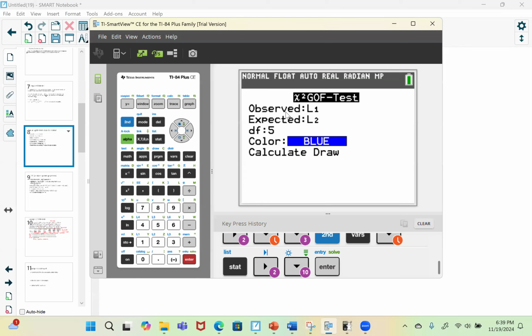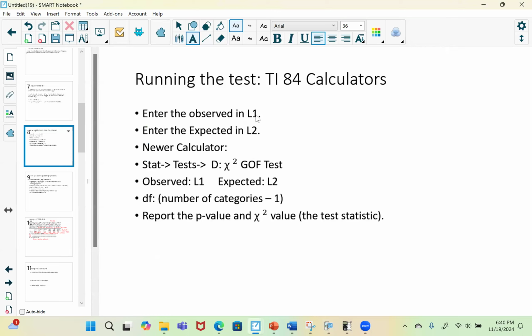Notice it says observed is L1, expected is L2, and then you have to put DF, which stands for degrees of freedom. So we entered our observed in L1, we enter our expected in L2, and then we have to put the degrees of freedom. And the degrees of freedom is the number of categories minus 1.